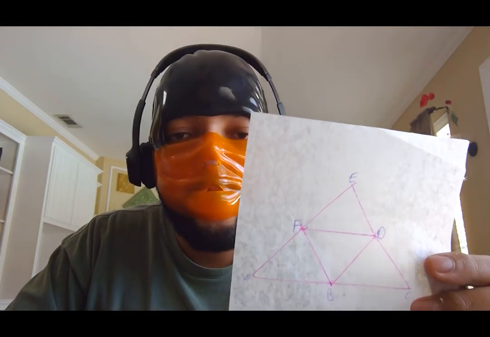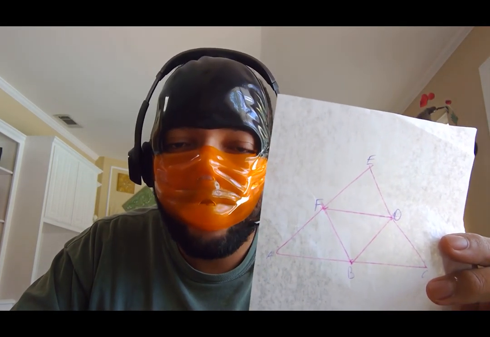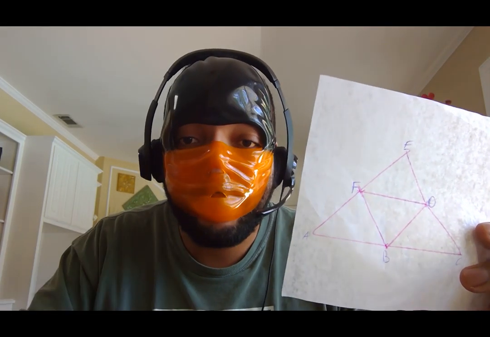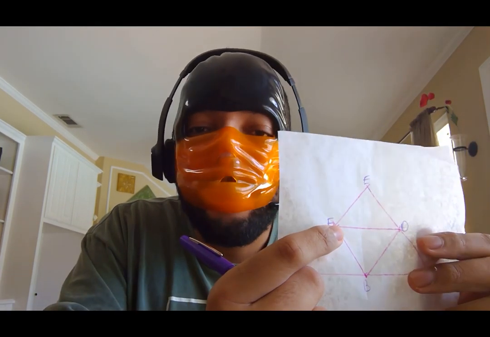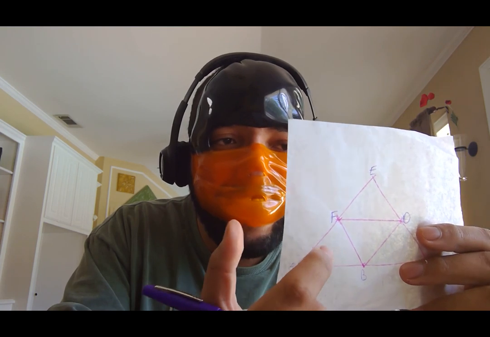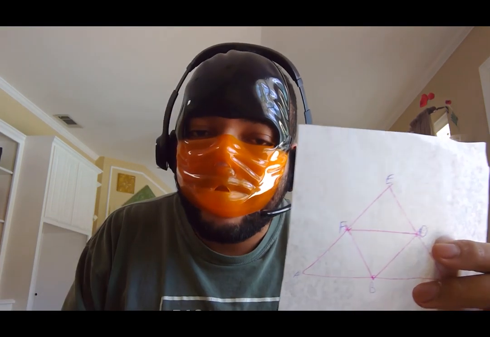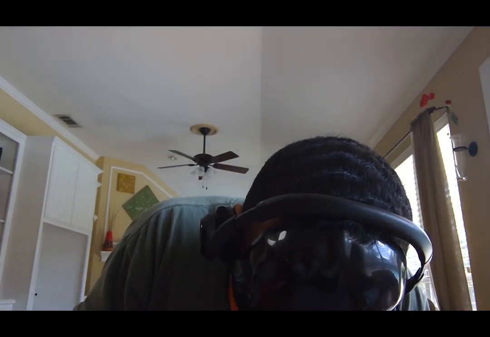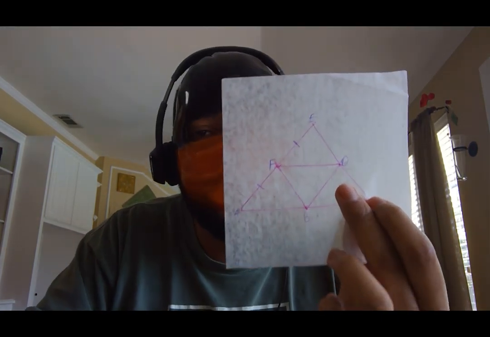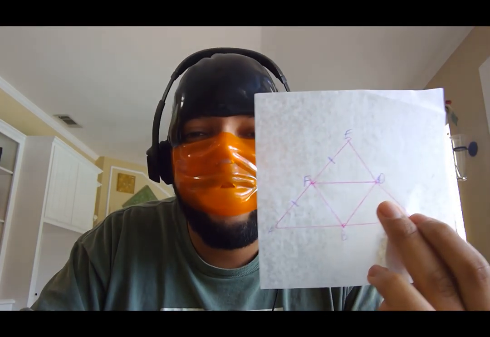Here is the cool thing about the definition of a mid segment, or of a midpoint. Since F is a midpoint between A and E, that means that these two segments are the same length. So what I can do is put a mark between those two to show that they are indeed the same length.